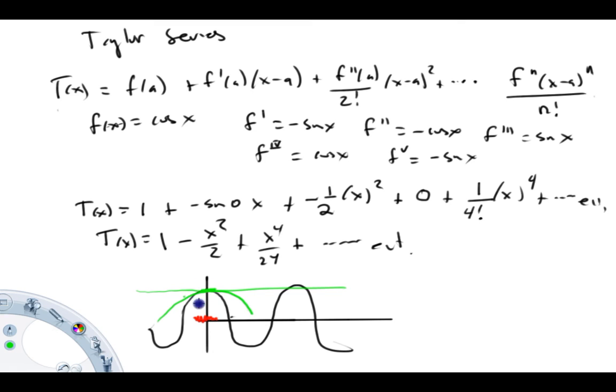So it gives us a little bit better approximation there. We can go a little further out with less error, so to speak. And then when we add this term, our Taylor series just gets better and better around this area. And by better and better, it becomes a much closer approximation further out. So that's kind of the idea. The more terms you keep, the further out we can go from x equals 0.